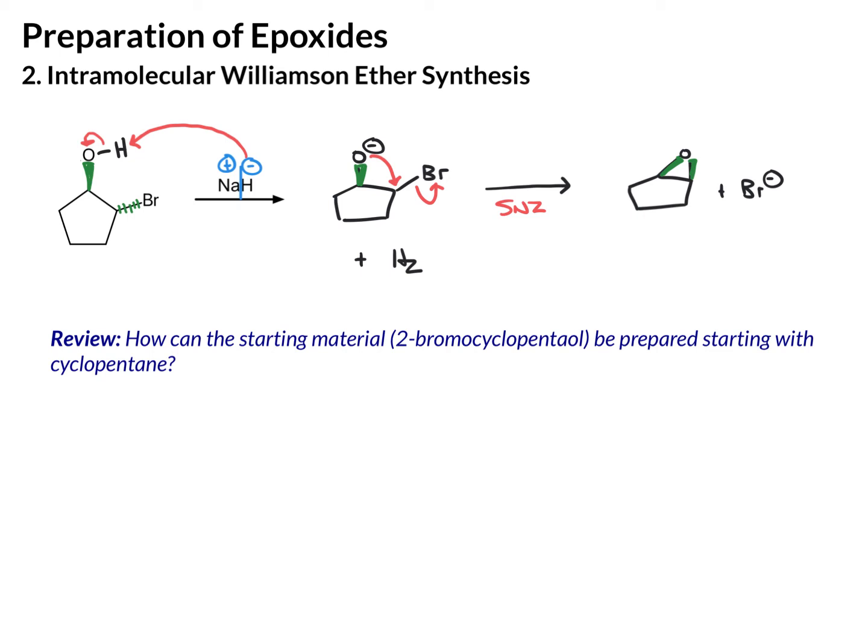Okay, so pause the video for a second and think about how you could start with cyclopentane and the reactions from organic 1 that you would need in order to prepare this bromohydrin. How could you do that?